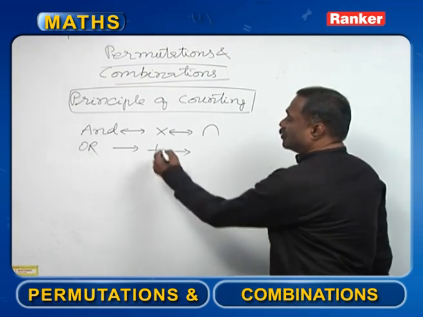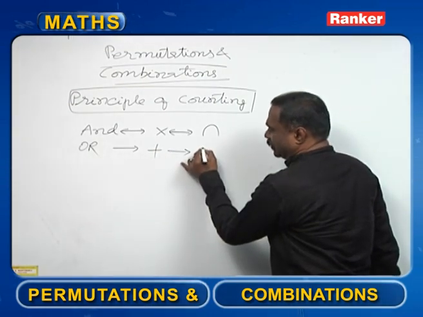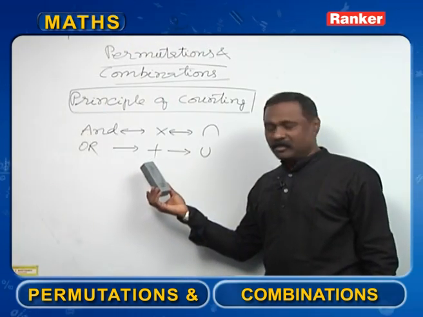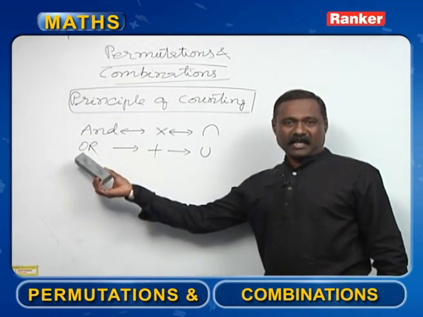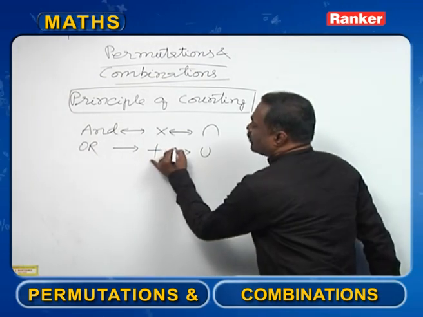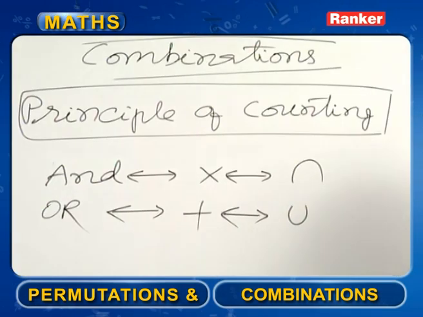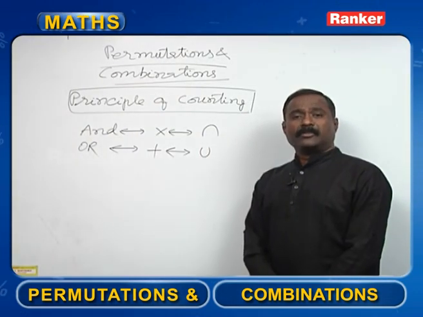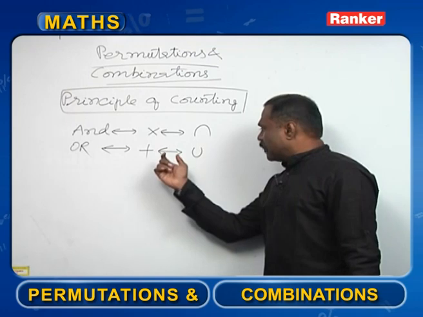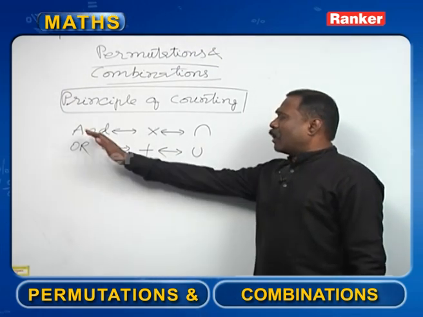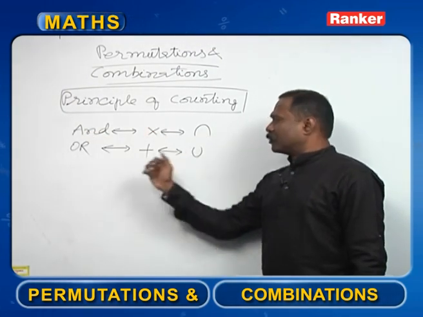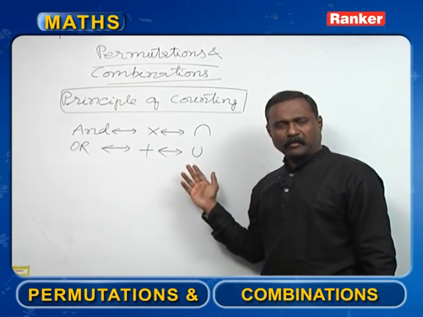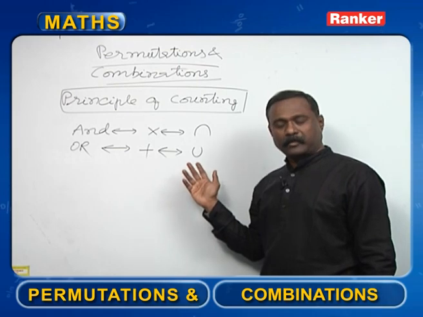In probability, this union will be converted as addition, plus, and this plus is nothing but "or". So there is no confusion while solving the problems about where to use multiplication and where to use addition, simply based on this. So "and" is into, intersection; "or" is plus, union. This is a very important point to be noted while working out the problems.